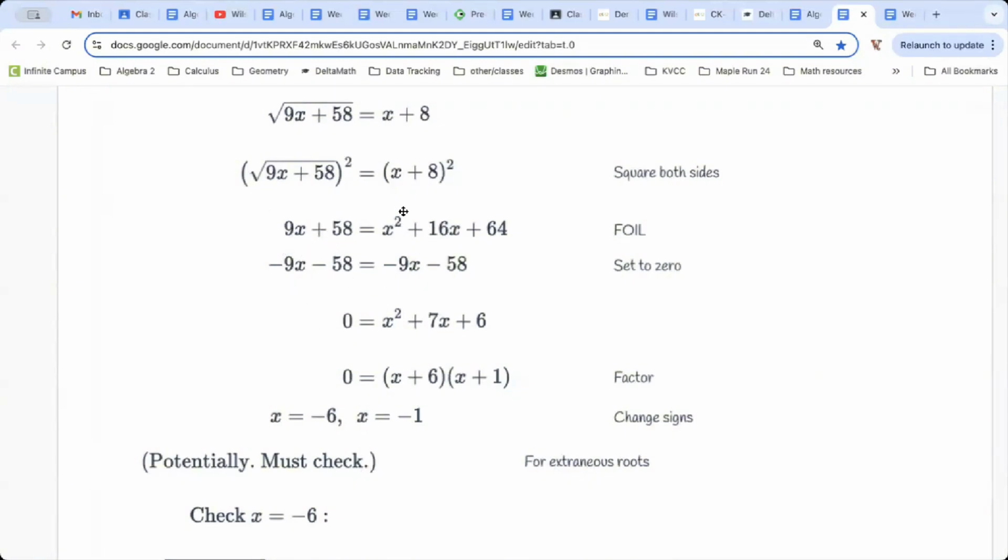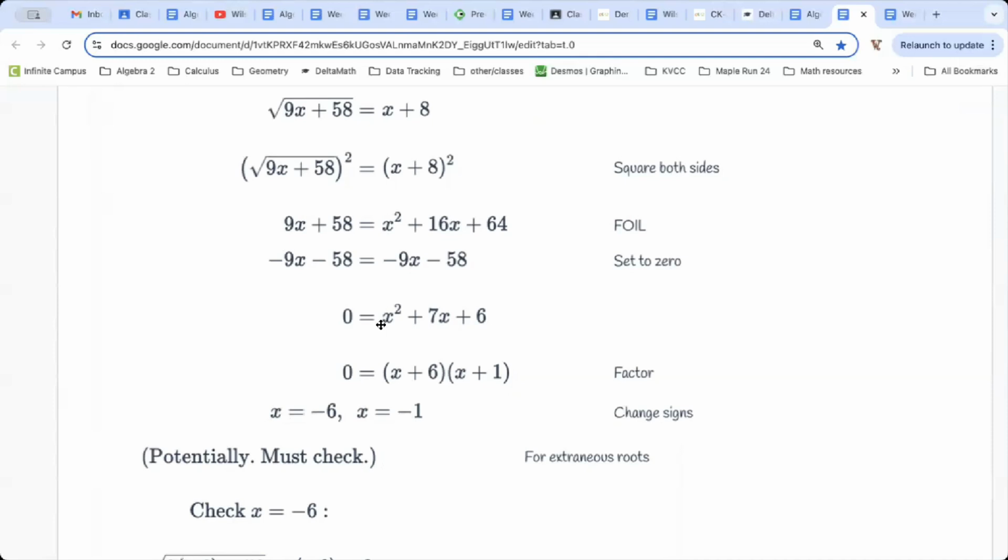And on the right-hand side, you combine like terms. You have only one x squared, so you still have the x squared. 16x and 9x are like terms. It turned into positive 7x. And positive 64, negative 58 combined together, you get a positive 6.